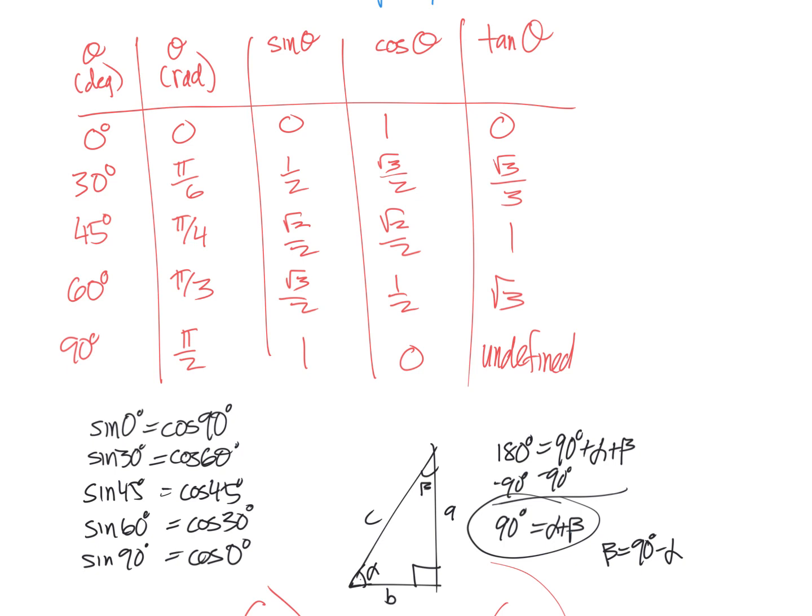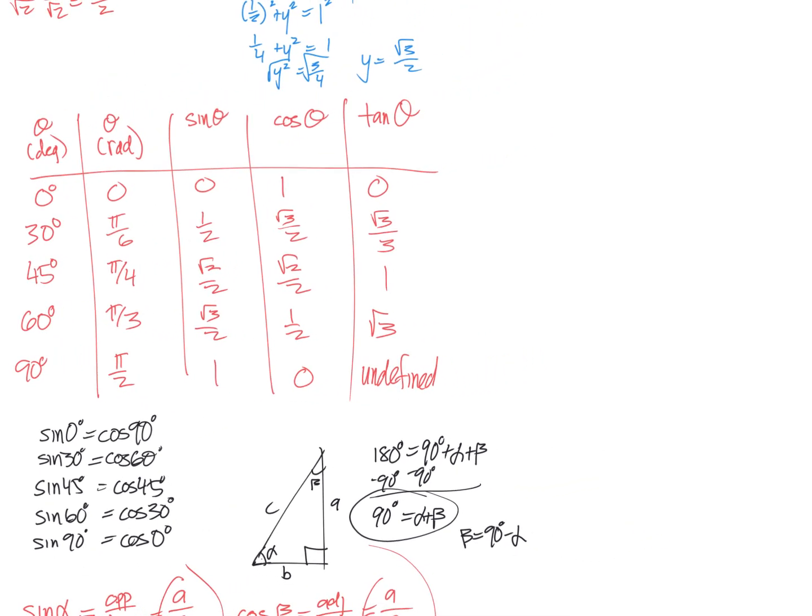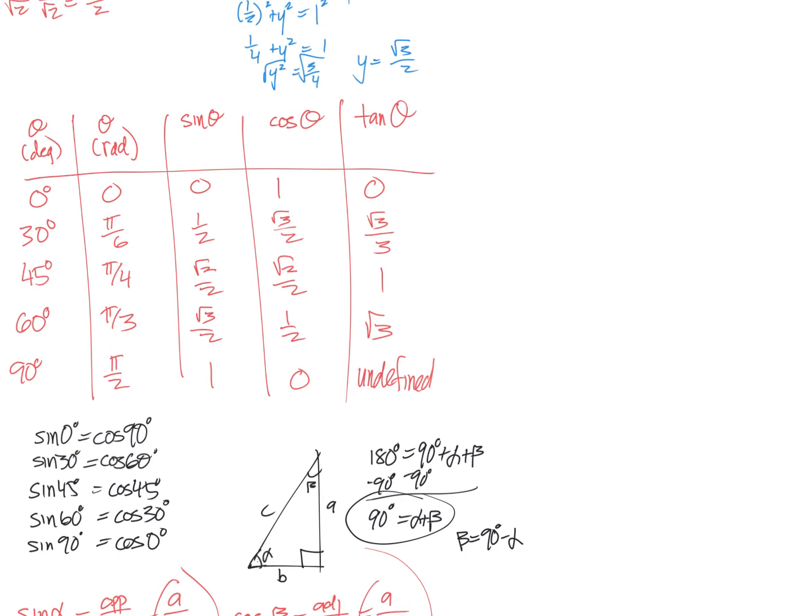And so one last thing from this trig table is that you might notice there is a nice pattern to this in addition to the cofunctions. Let's just focus right here on just the sine and the cosine. So we're just going to look at just these two.